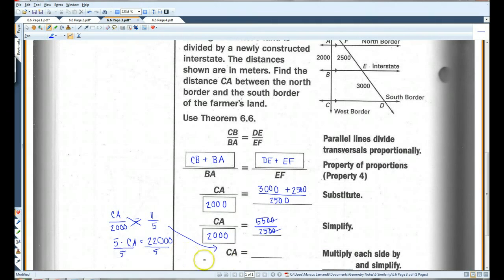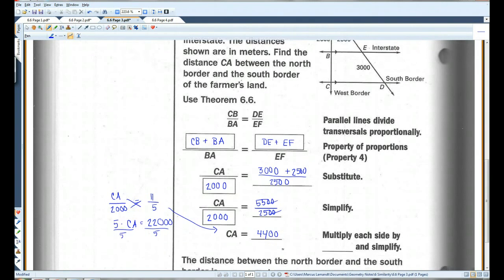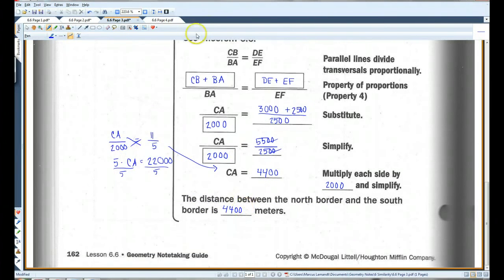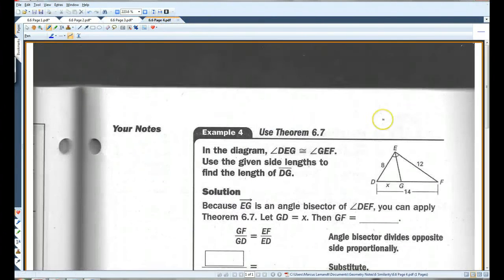Divide by 5. CA equals 4,400. So the distance between the north border and the south border is 4,400 meters. Alright, let's go on to the last page.